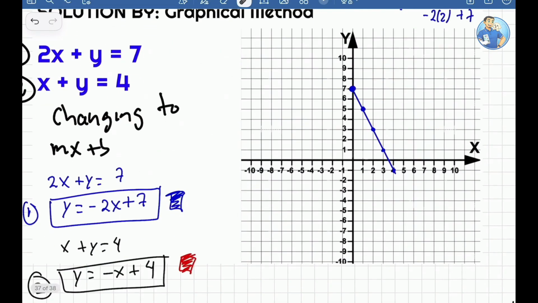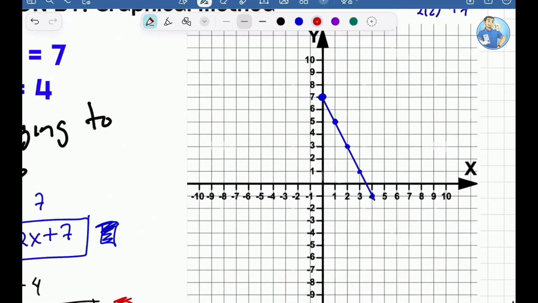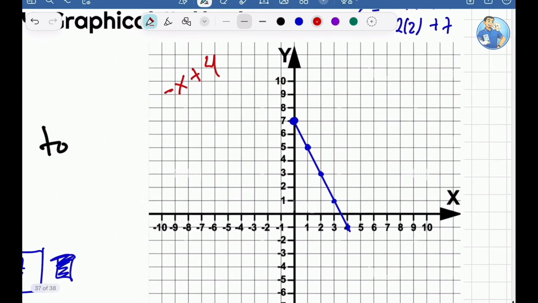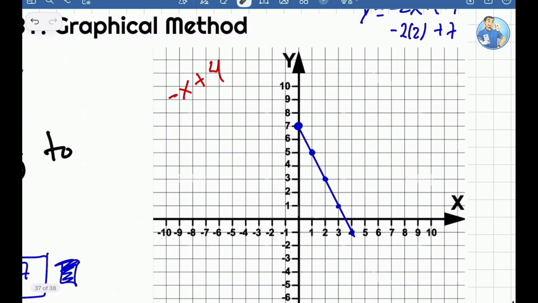Now I'm going to do the same using red. We have minus x plus 4. Again, we need to identify the y-intercept. This is positive 4. What is the slope?